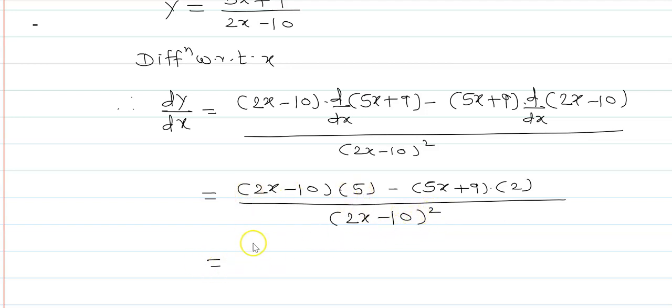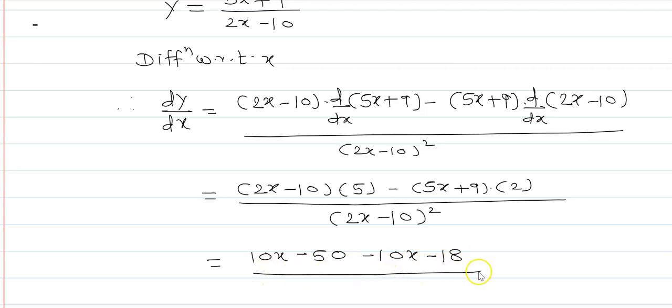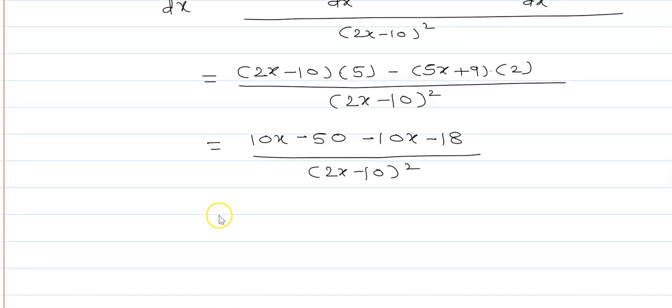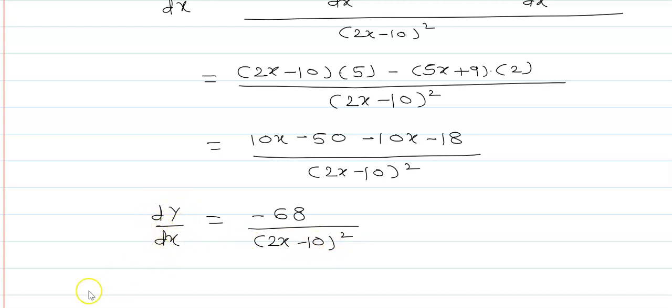Next simplification, 5 into 2x is 10x, next minus 50, next is 2 into 5x minus 10x minus 18, and this divided by 2x minus 10 bracket square. 10x minus 10x get cancelled, and hence you will get minus 68 upon 2x minus 10 bracket square, and this is the dy upon dx.